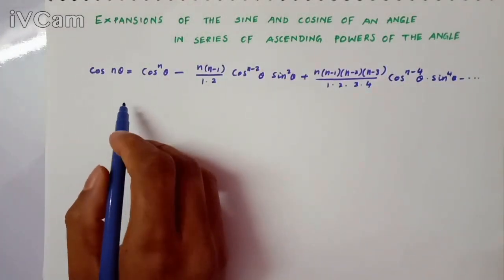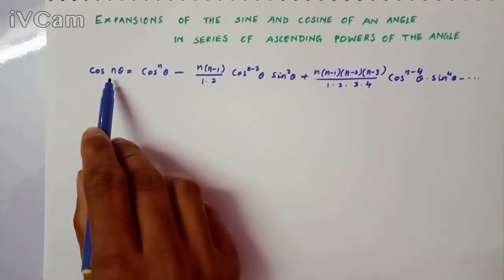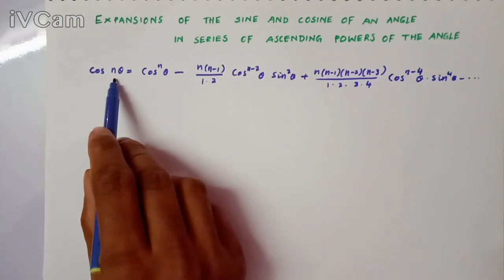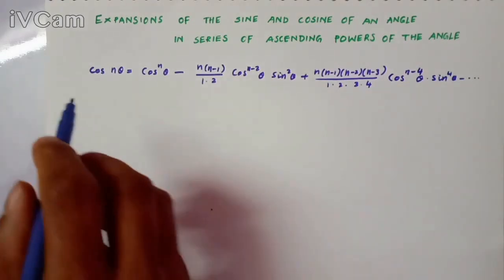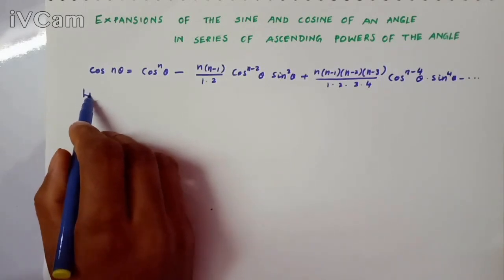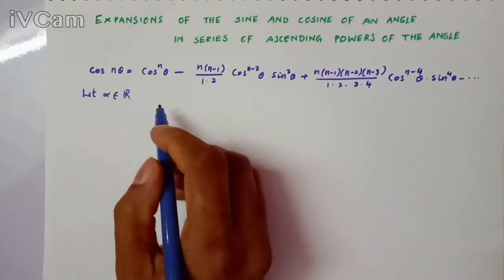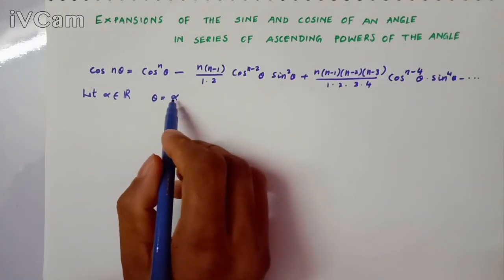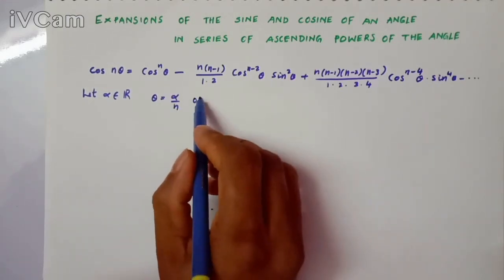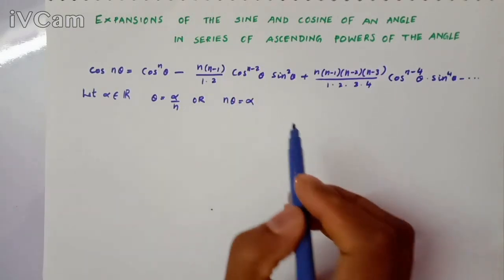This equation is true for every positive integer n and every real value theta. So let alpha be a real number, we put theta equal to alpha by n, or n theta equal to alpha.